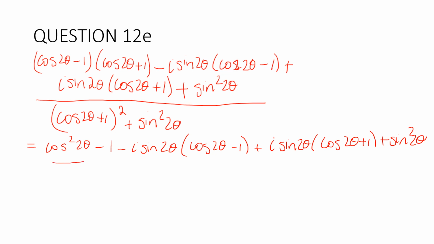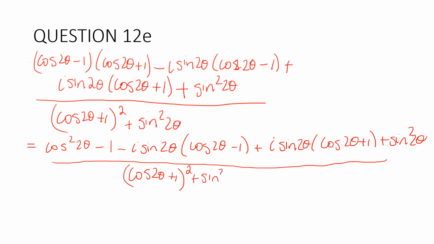Our objective here is to cancel out all the real terms, which you can probably see that that is already going to happen, because sine squared 2 theta plus cos squared 2 theta is equal to 1. Take away 1 is 0.